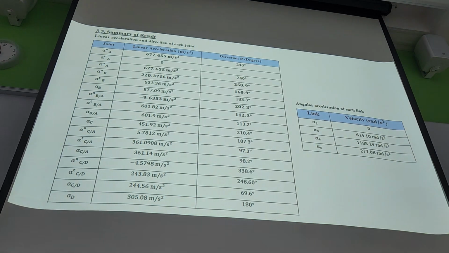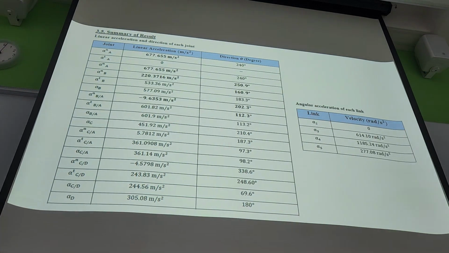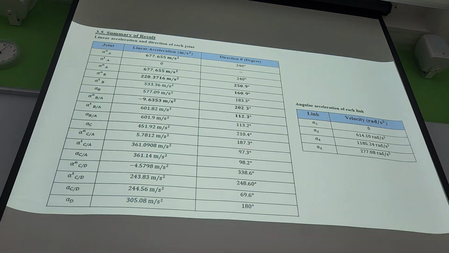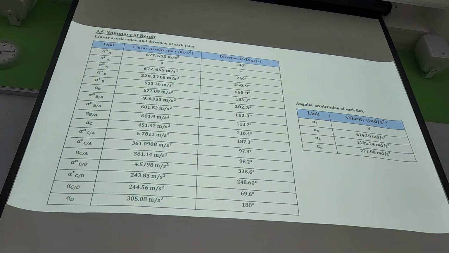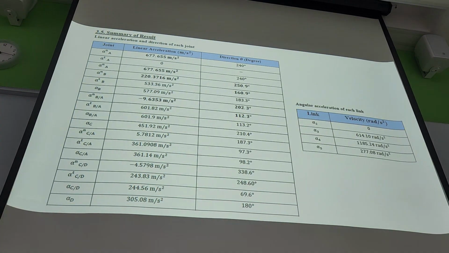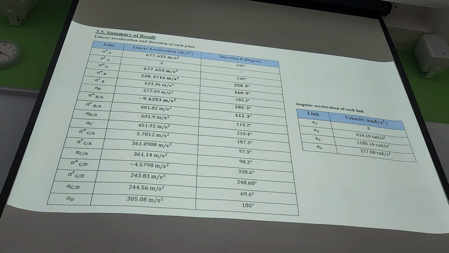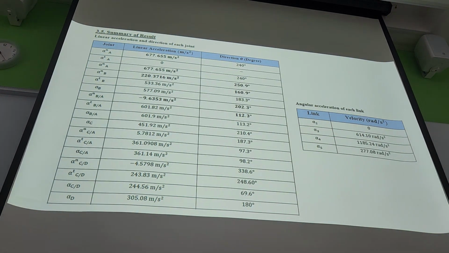After that, you need to just list all the values. So that completes. Alpha 2 is given as 0. So you are calculating angular accelerations of link 3, link 4, link 5, all this data, both normal and tangential components.